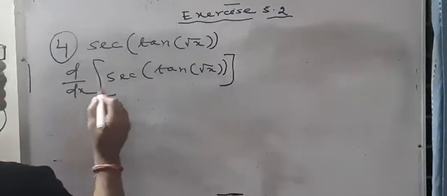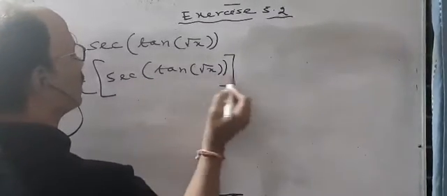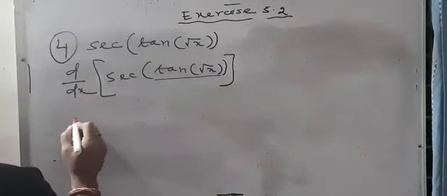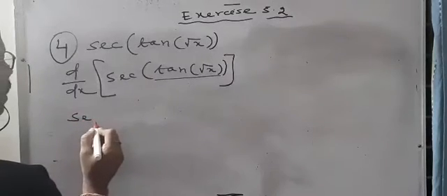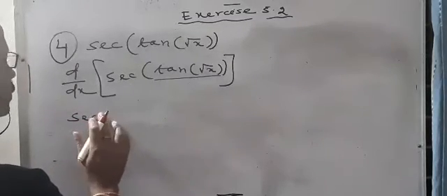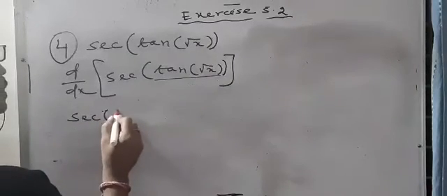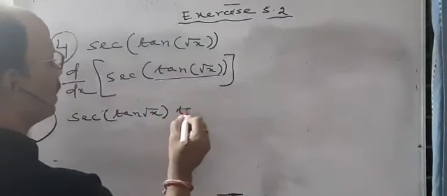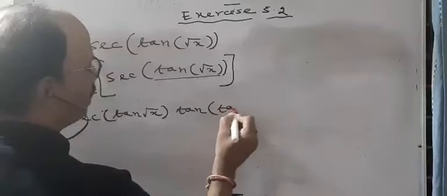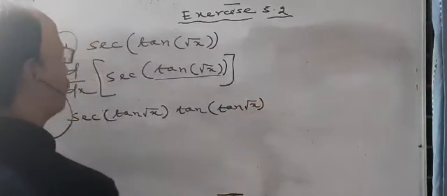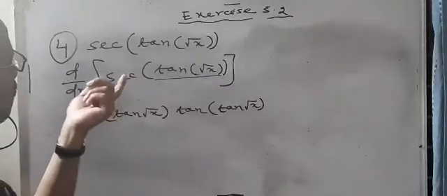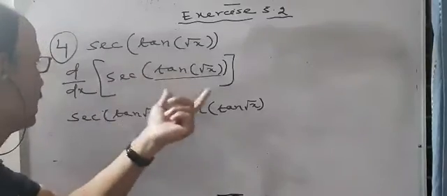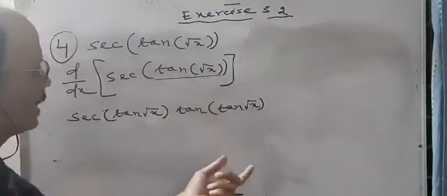So first, d/dx of sec θ. What will be the differentiation of sec θ? It will be sec(tan √x) multiplied by tan(tan √x), because we know that the differentiation of sec x is sec x multiplied by tan x.